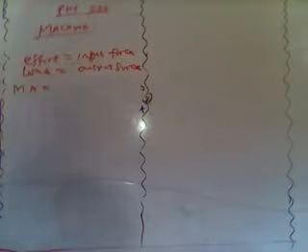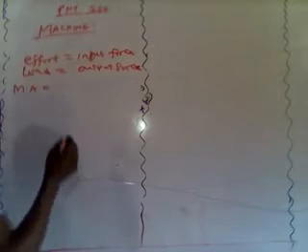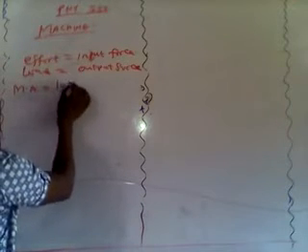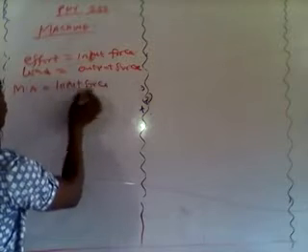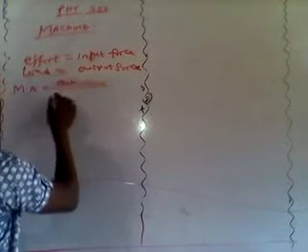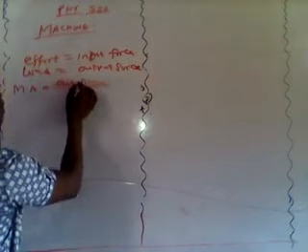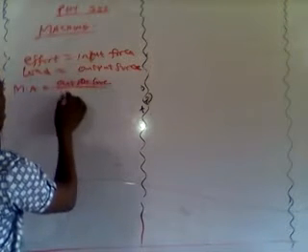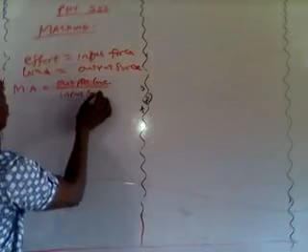So this mechanical advantage is simply put as the ratio of two forces. Why do we call it a ratio of two forces? It is the ratio of the output force over the input force.